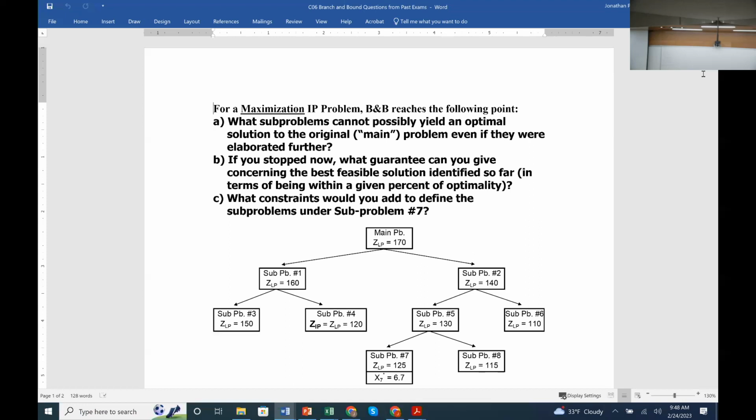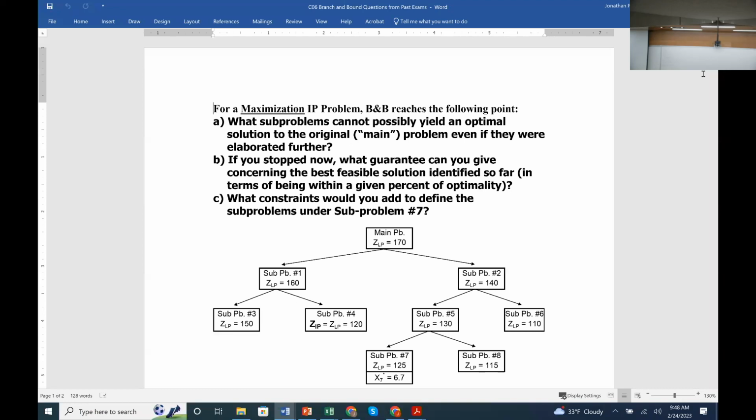Well, it can't be any worse than 120. We know for sure we can do 120. It can't possibly be better than 150 because nothing under here can beat 125, nothing under here can beat 115, nothing under there can beat 110. So the best we could hope for is 150, and we know for sure we can do 120. So that's the range of possible values for the unknown Z star.